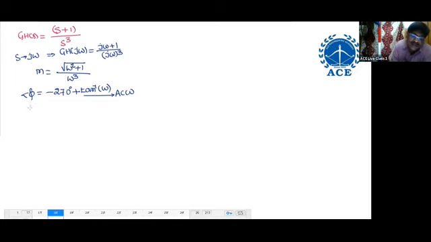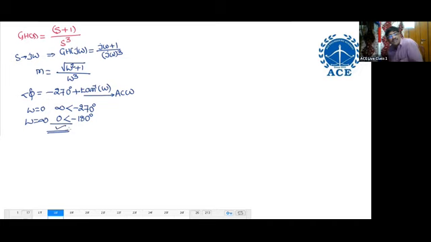So positive tan, anti-clockwise. At omega 0, magnitude infinity, angle minus 270. At omega infinity, magnitude 0, angle minus 180.